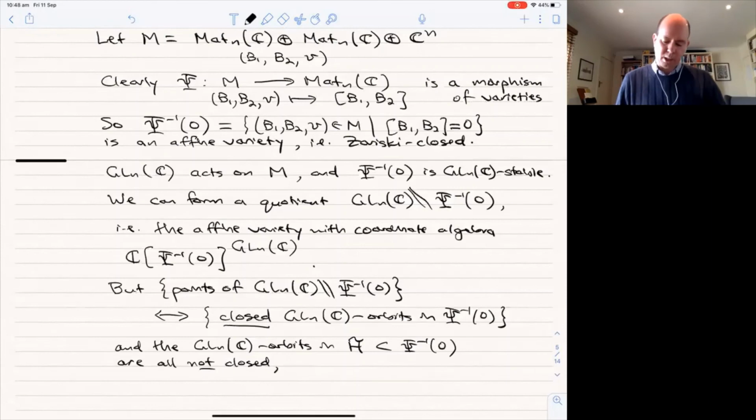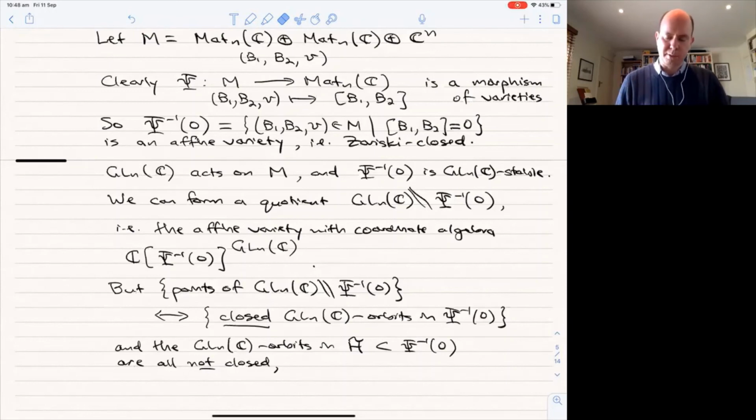Because if you think about it, a closed orbit would have to have the vector part being 0, because you've got the action of scalars in particular, which will scale the vector. If you act by the scalar matrices in GLN(C), it leaves B1 and B2 unchanged and scales the vector.